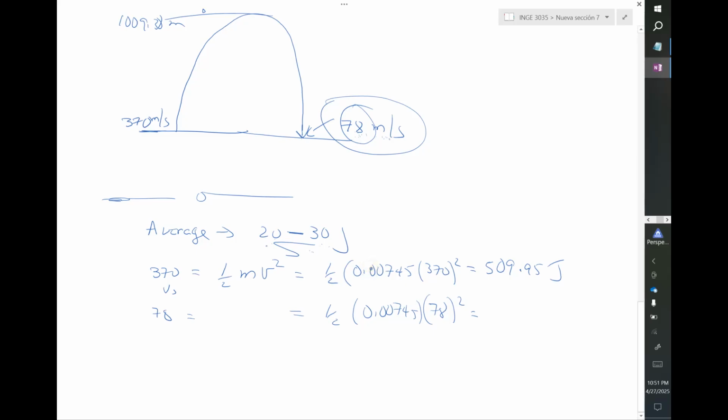Now let's look at 78. What's going to happen at 78? Let's see. The number is interesting, 22.6. So I would say basically 23 joules. So it's right within the critical zone, I would say, to cause serious damage.